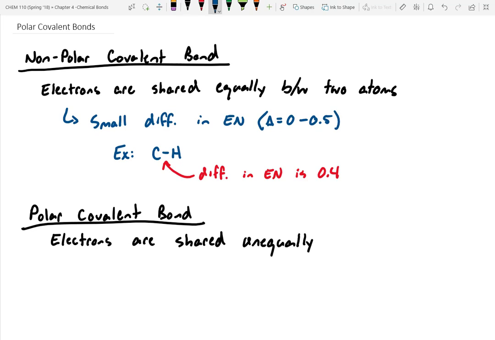And typically, this occurs anytime you have a large difference in electronegativity, anywhere from about 0.5 to 2.